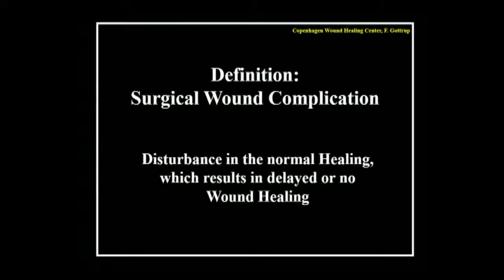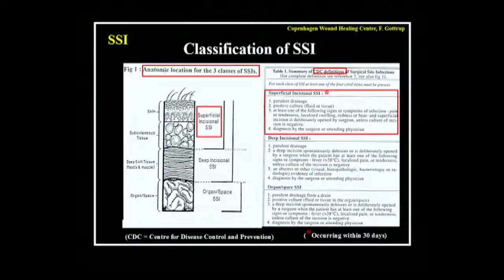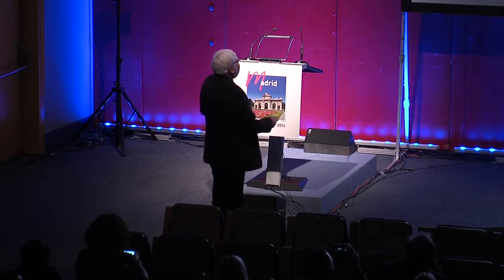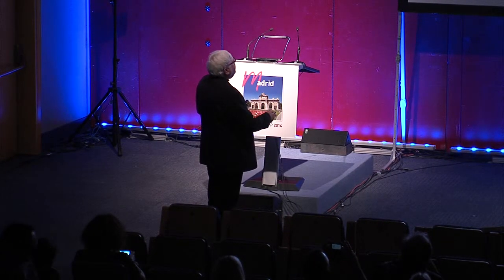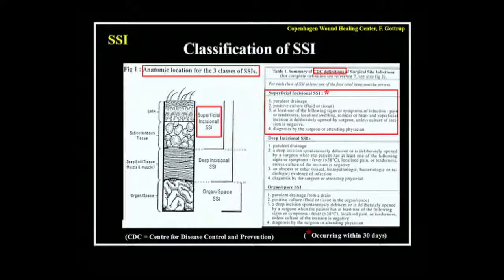Definition, classification. A definition of surgical complication in general is a disturbance of the normal healing which results in a delay or no healing at all. It's a very general one. If we are talking about infection, especially acute infection, surgical site infection, we have a classification where you have superficial surgical site infection, you have deep, and you have organ-space.